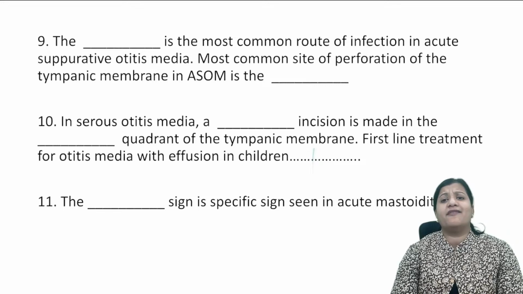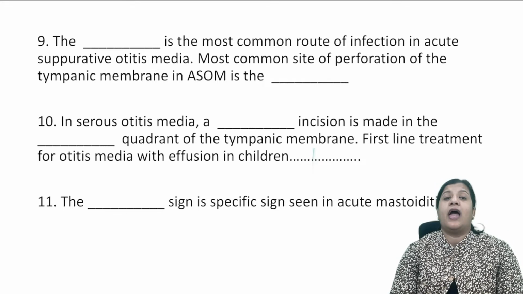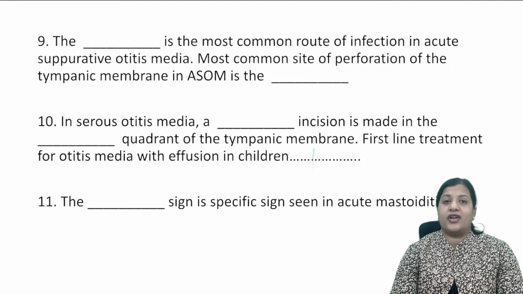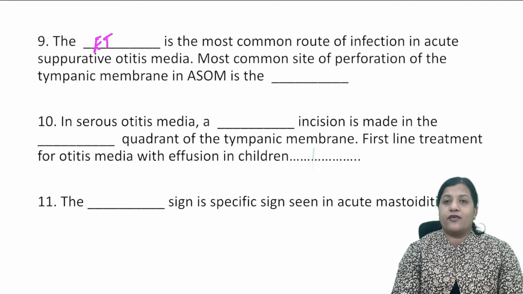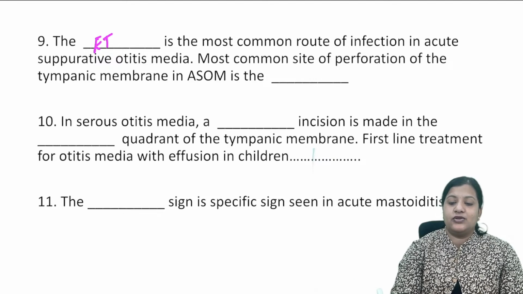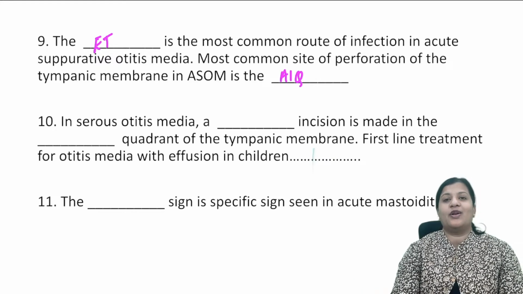In ASOM, we have different stages: tubal occlusion, pre-suppuration, suppuration, resolution. Usually in the stage of resolution, we see a perforation. So this perforation is located in which quadrant? Yes, the Eustachian tube is the most common route of infection, and the site of perforation in the tympanic membrane is usually the antero-inferior quadrant.